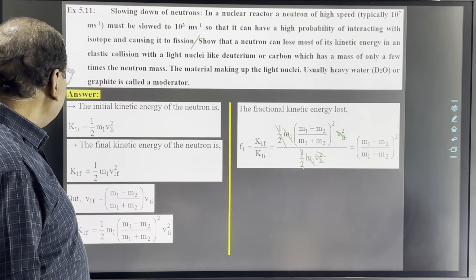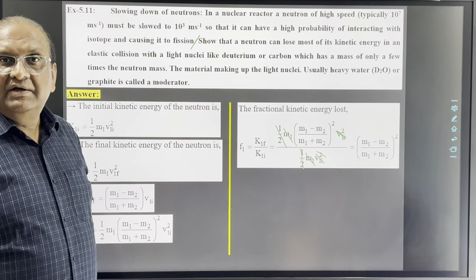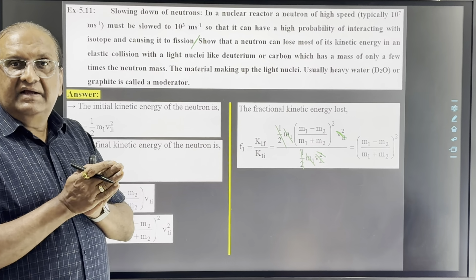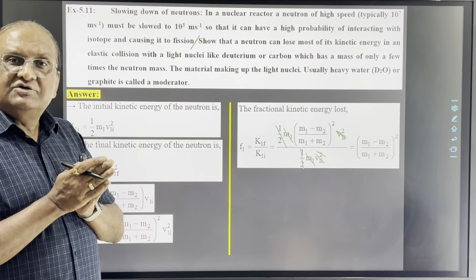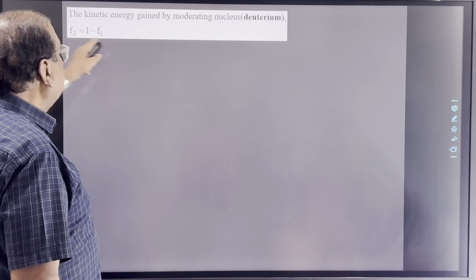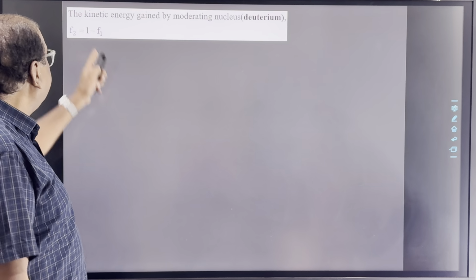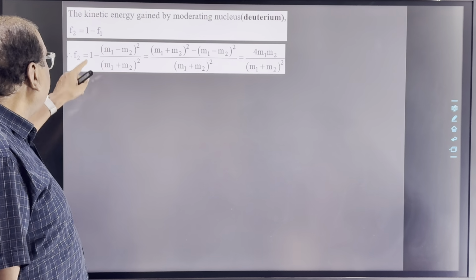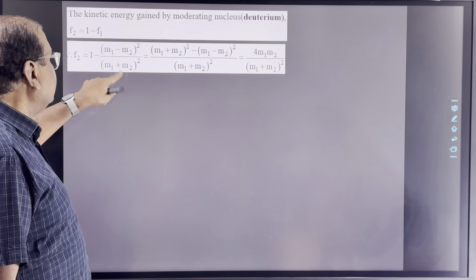Now what is the gain in kinetic energy of deuterium? If we consider the initial total kinetic energy as 100%, we can say the fractional kinetic energy gained by deuterium, F2, equals 1 minus F1. Now substitute the value of F1. So that is 1 minus ((m1 minus m2) upon (m1 plus m2)) whole square.